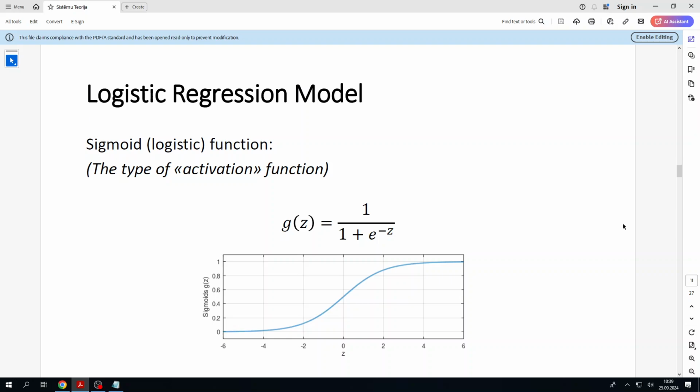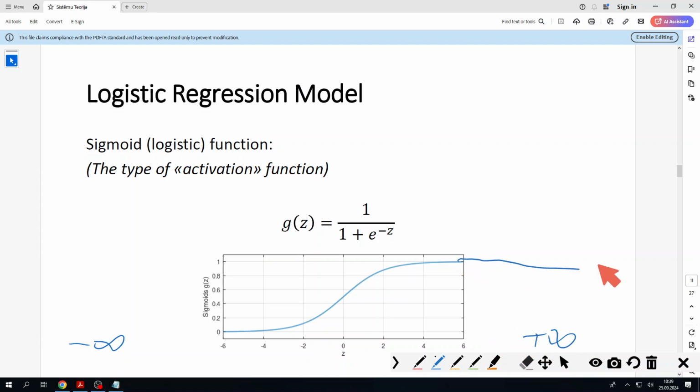Here you can see a function that does it for you. Your x value can be any number, all the way from minus infinity to plus infinity, but your output is going to be capped either by 0 or by 1. So this is a sigmoid function.